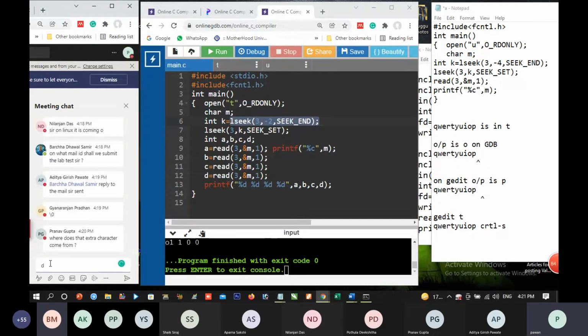Because when we try to, yes, that is correct. When we type Control S to save, then one extra character, end of the line, is automatically put, whose ASCII code is something. That is why the extra character is coming. We shall see how that extra character works.